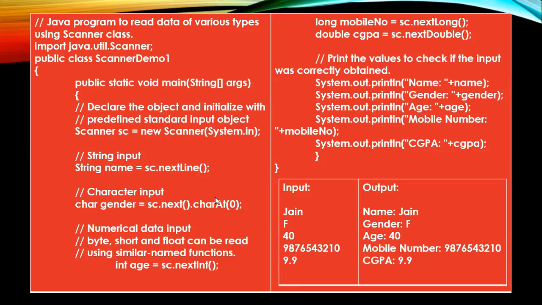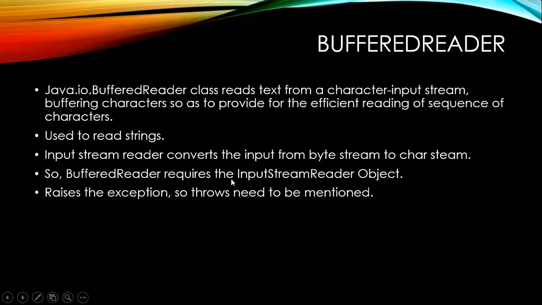Okay. So the next thing we need to discuss is BufferedReader. I made animations for this. BufferedReader is also used for reading input from the user, but whatever input it reads, everything will be a string itself, right?